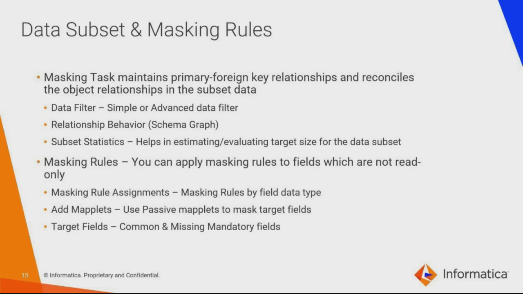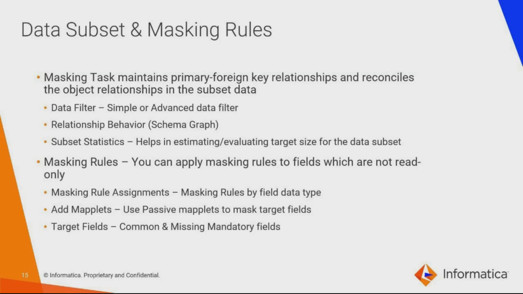When you do the data subset, the masking task needs to maintain the primary key foreign key relationships in the subset of the data so that it can reconcile the object relationships in the subset of data. We can come to it when we are doing the demo and how to configure the relationship behavior and so forth.